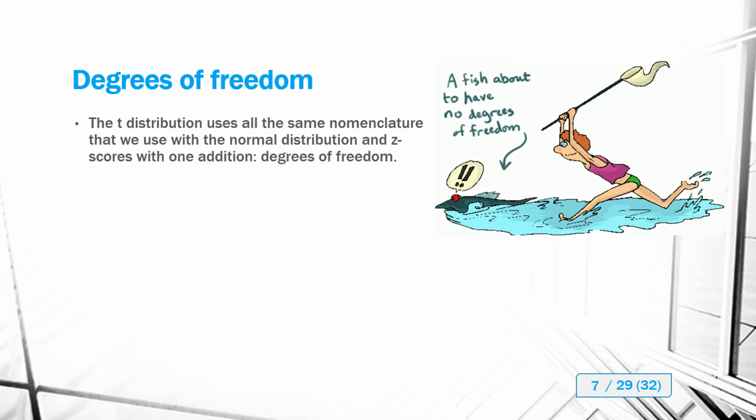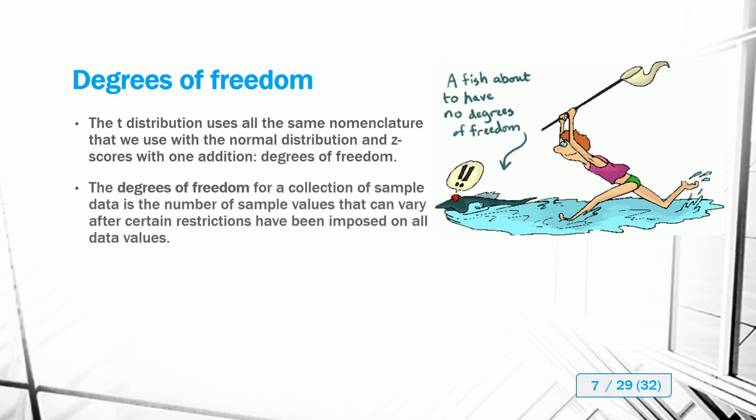I talked about degrees of freedom, so let's try to explain this concept a little bit. The t-distribution will use all the same nomenclature that we've used with the standard normal distribution and z-scores, but there is one addition: degrees of freedom. So the degrees of freedom for a collection of sample data is simply the number of sample values that can vary after certain restrictions have been imposed on all data values.